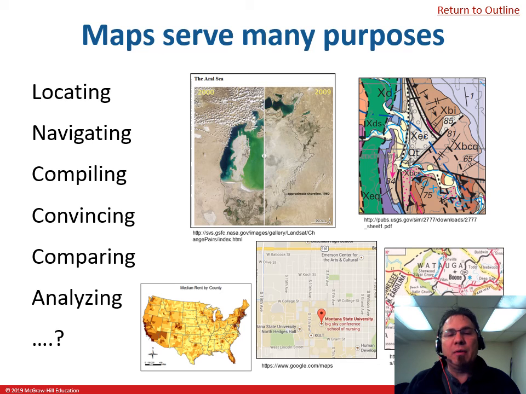This is used a lot for things like natural disasters, before an earthquake, after an earthquake, before a hurricane or tornado, after. And then analyzing, which kind of goes into all of these, of course, you're doing various GIS selections and things like that in order to get your point across that much better.